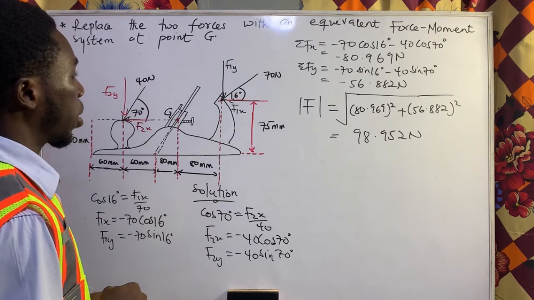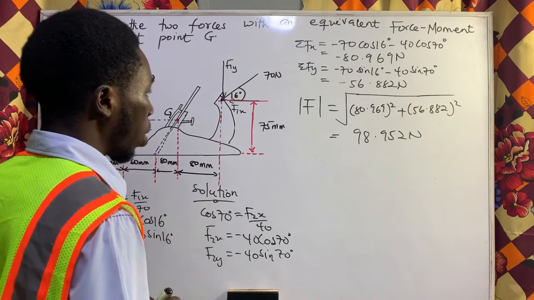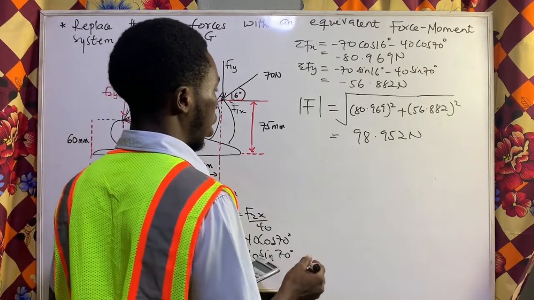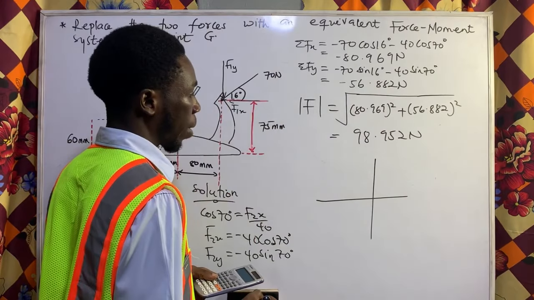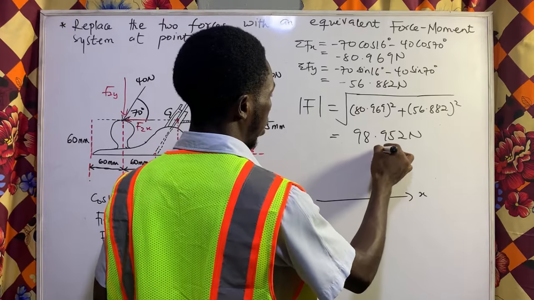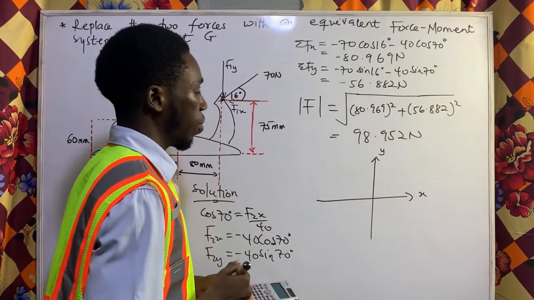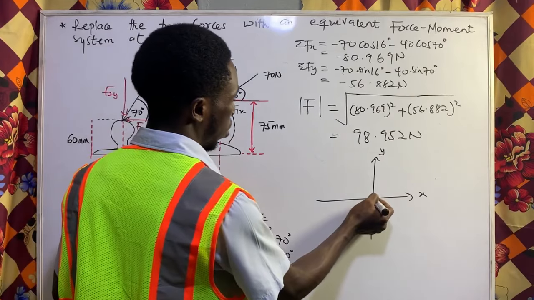Now let's find the direction. Both components are negative. So if I indicate it on the xy plane, I'm going to have the positive x and the positive y. Since both components are negative, that means our resultant force is going to be here.